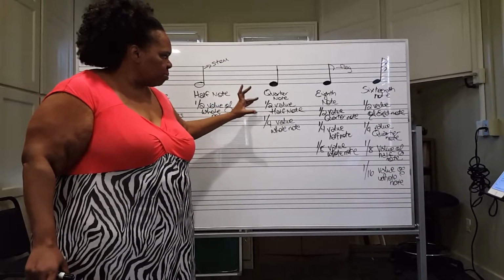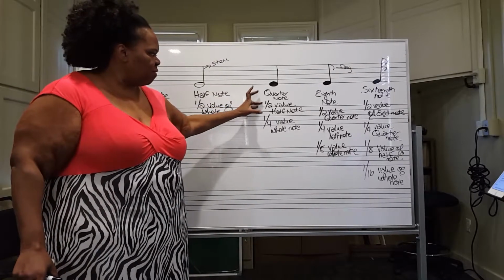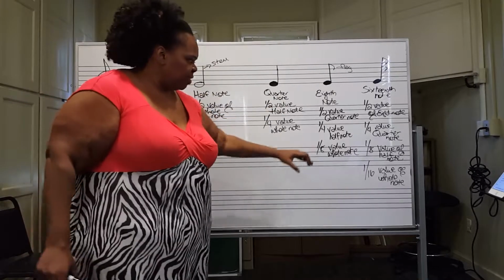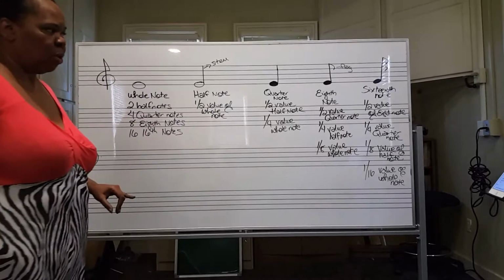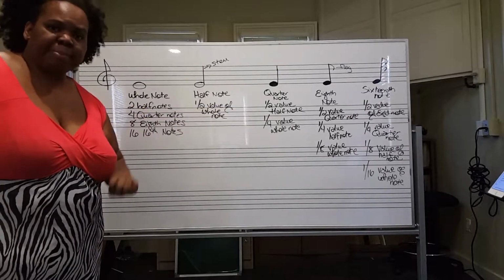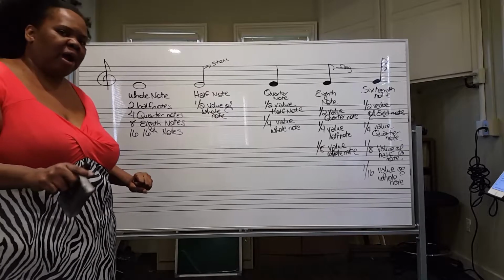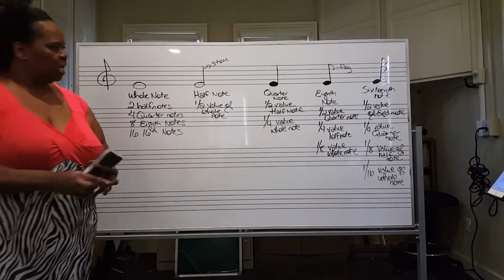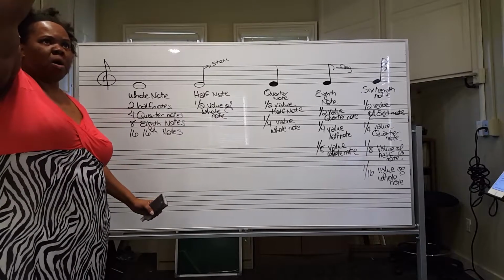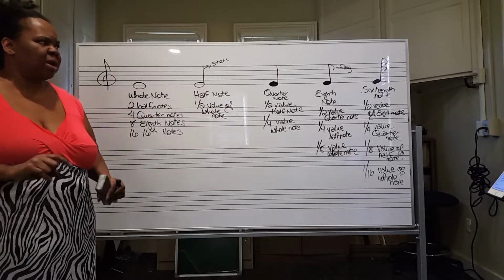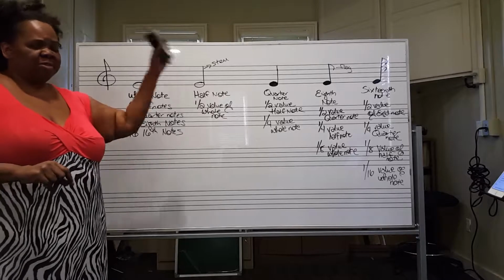No matter what, it'll get half the value of a half note, this quarter note will, for example. It'll get an eighth of the value of a whole note, that eighth note will. These are absolutes. In your module, you should have what I call a note tree. It basically shows you from the whole note all the way down, and I think the note tree may go down either to the 16th or even further down.